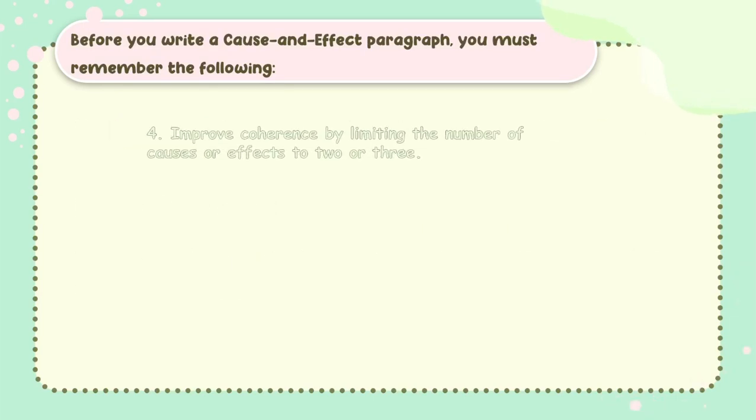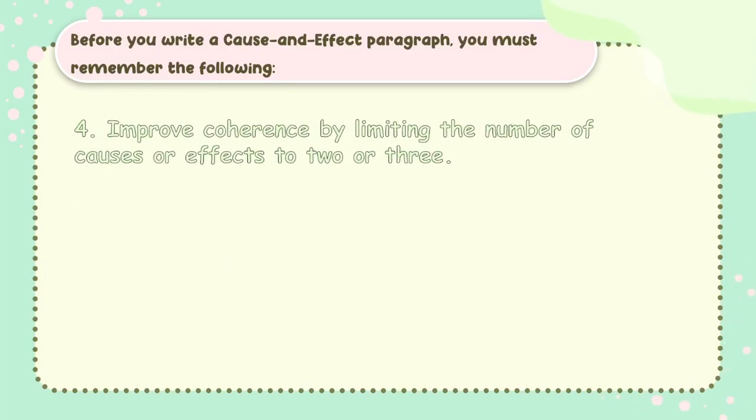Fourth thing to remember is improve coherence by limiting the number of causes or effects to 2 or 3. Para mas maging organized or unified yung idea, you can just write 2 or 3 causes or 2 or 3 effects. Later on, you will see on the example.